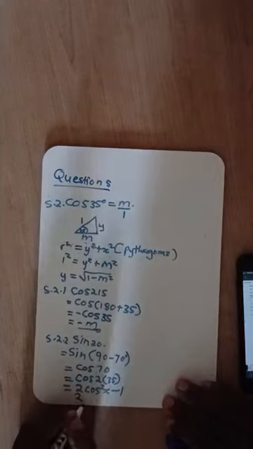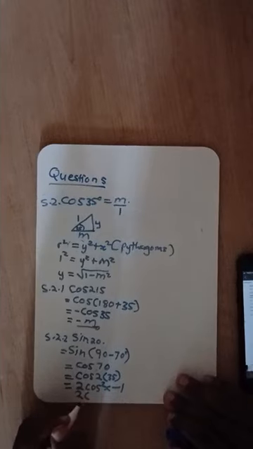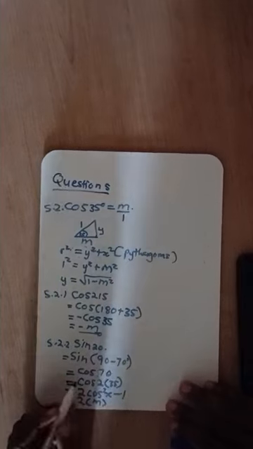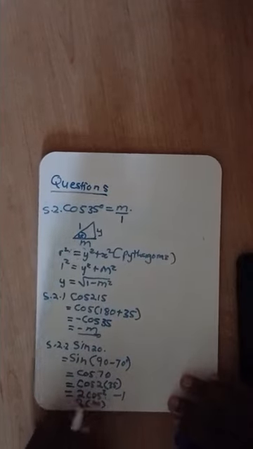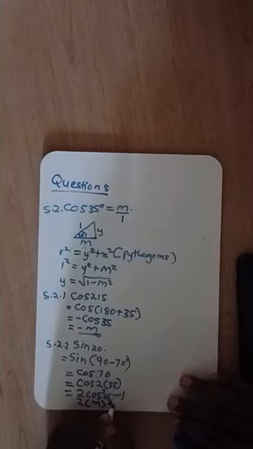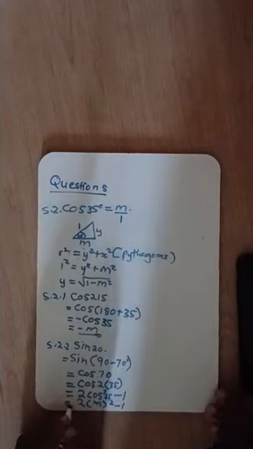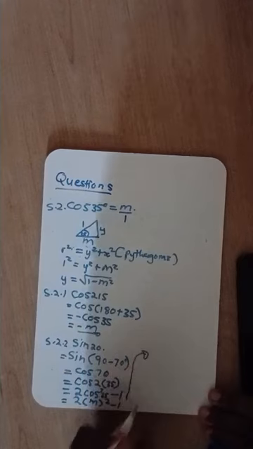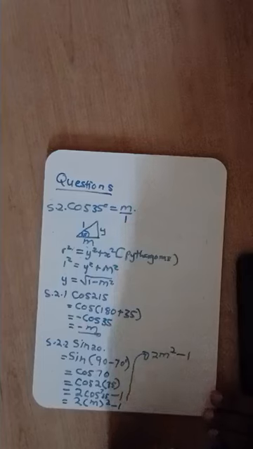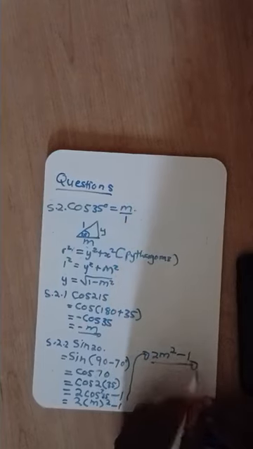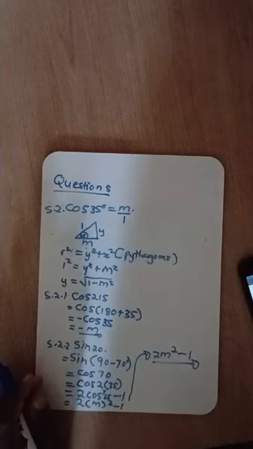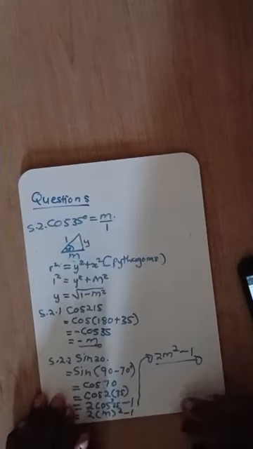We know our cos of x is m, remember the cos of 35. So here it's cos of 35. So it's 2m squared minus 1. And then you simplify it. It's going to be 2m squared minus 1. Okay. That's it for that one. And then we go to the next question. We're finishing, guys.